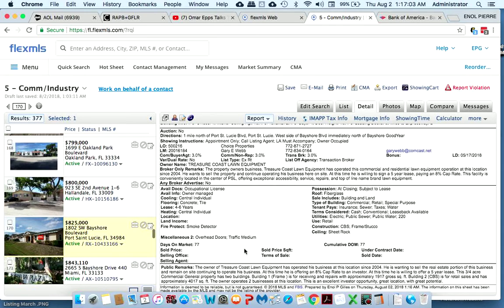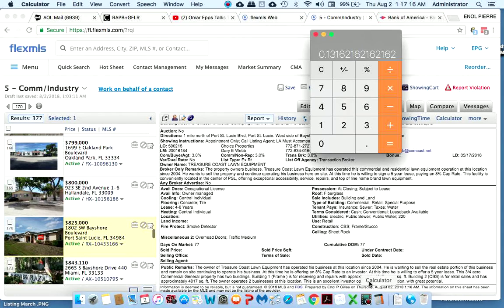Because he wants an 8% cap rate, that means he's at 800,000. I'm going to do it on my phone real quick. So that says that at 800,000, and I think that's times 0.10.